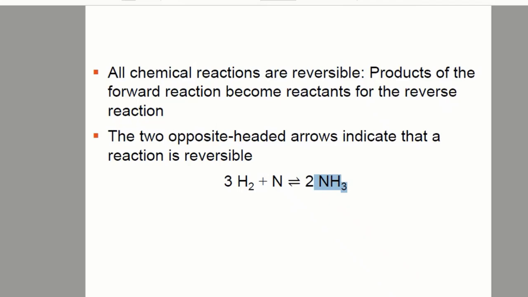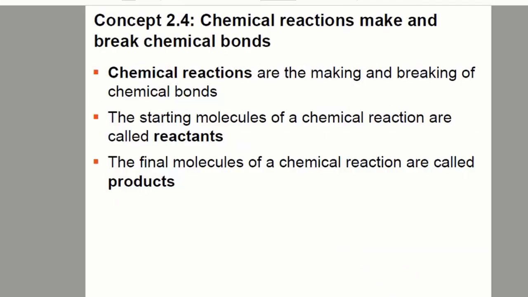That's why we talk about the description here, when they said that chemical reactions are the making and the breaking of chemical bonds. That's where this is coming from. When they're talking about the breaking of chemical bonds, they're not necessarily saying that the reaction will be lost or anything like that.